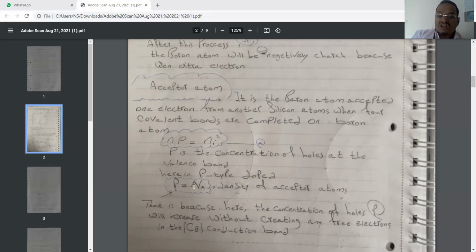Because here the concentration of holes p will increase. That's great, it will increase, but why is p still equal to NA? At the same time the holes increase without creating any free electrons in the conduction band. These are the important words to answer a question like that.